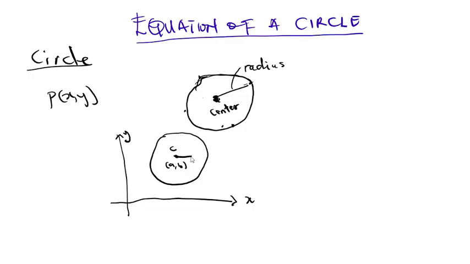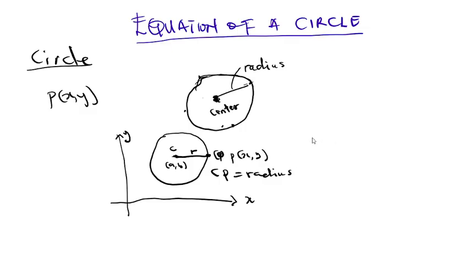The distance from here to here is the constant distance, the radius. The point P on the circle can be denoted as x, y. So the distance from C to P is the radius.